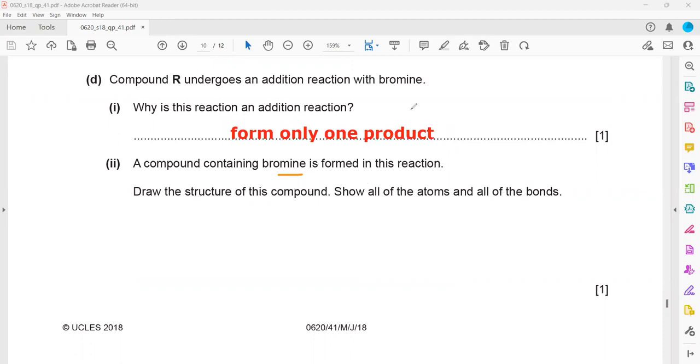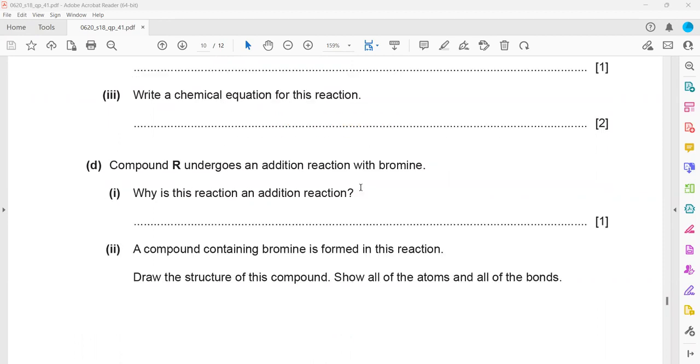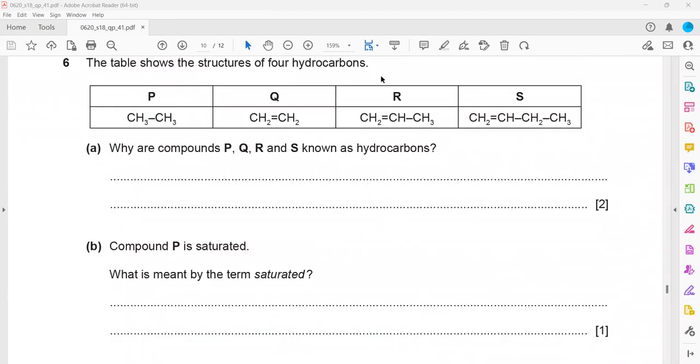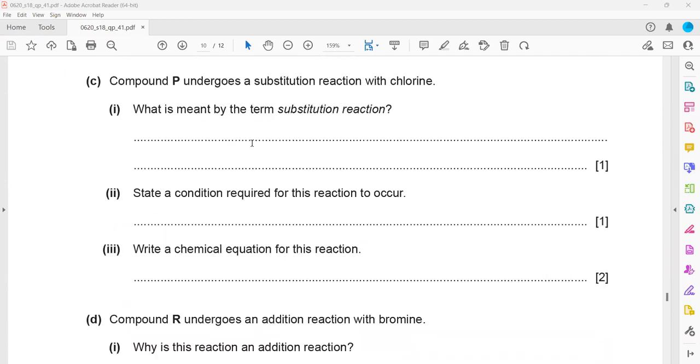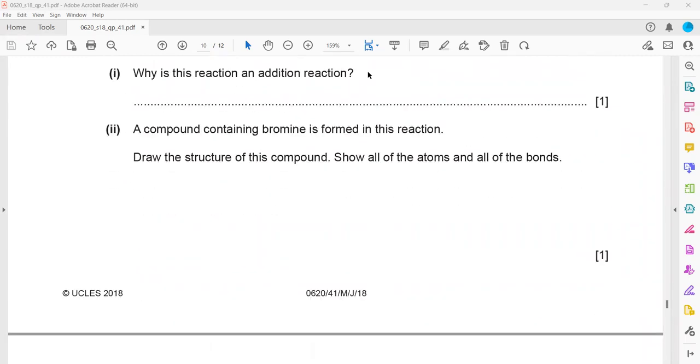So compound R is reacting with bromine. So this is R. Whenever a reaction occurs, always remember the double bond will turn into a single bond, and the 2 atoms which are added will be added to each carbon which had the double bond. And we have to draw all the atoms and all the bonds. So we draw the same structure. So there will be C. This had 2 hydrogens.